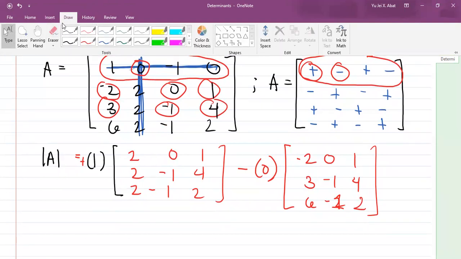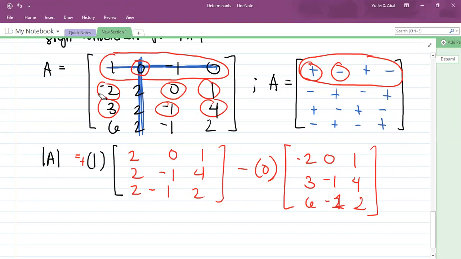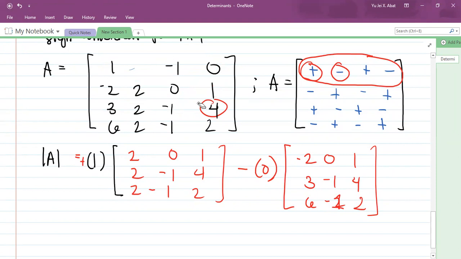Nagets. So, ngayon, nandun na tayo sa pangatlong cofactor. Okay. Moving on na tayo. So, burahin ko lang ulit yung mga in-encircle ko dito. Diba 0 yun? Nilagay ko dyan. Nabura rin na yan.